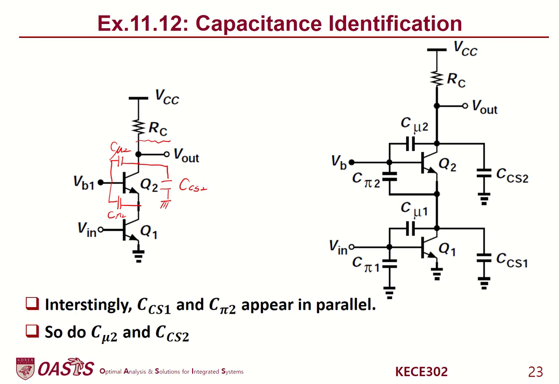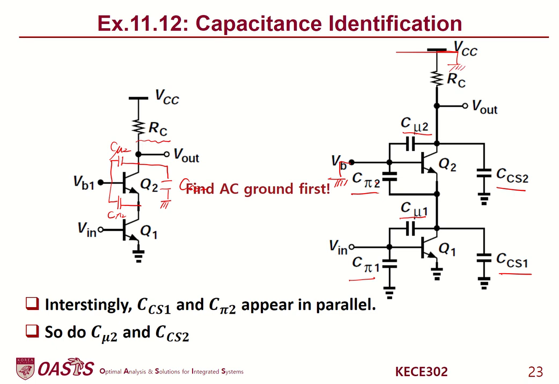The same for Q1. So we have three parasitics here, and also three parasitics there. However, you have to be very careful that VB is AC ground, and also VCC is AC ground.